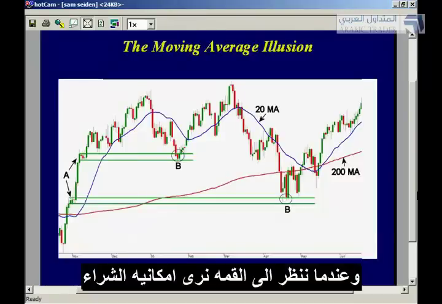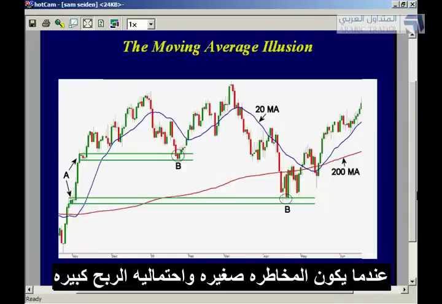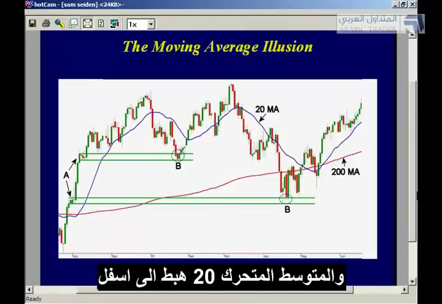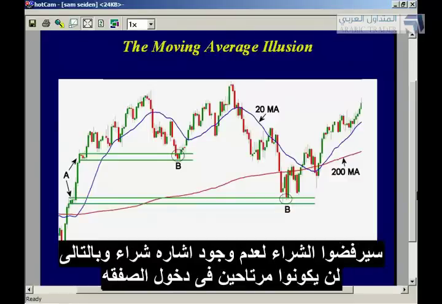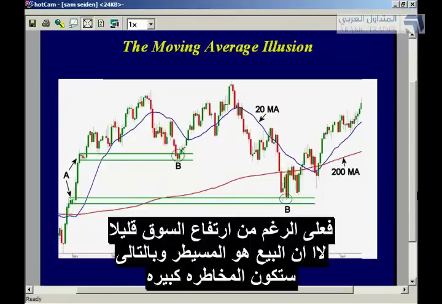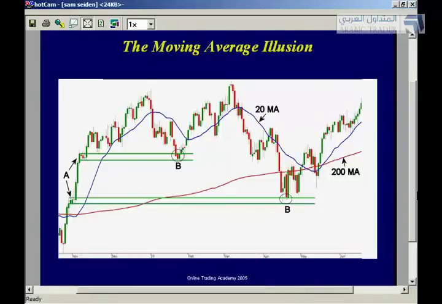At the time when our mechanical rules have us buying into that market, when the risk is low and the reward is high, the profit margin's big, the 20-period moving average is sloping down. Anybody that uses moving averages to identify trends is never going to buy there. They're going to ignore that buy signal. They're not going to be comfortable buying into that market until prices rally up quite a bit, which means high risk, low reward.